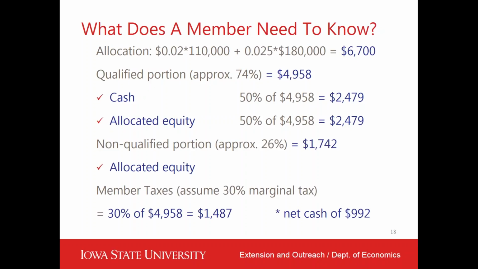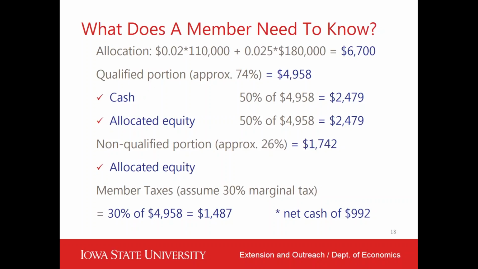Well, so what's the tax on this? If I assume these members are in a 30% marginal tax bracket, they're going to pay 30% of the entire qualified amount, which amounts to about $1,487. So they will receive a check for $2,479, and out of that check, the liability generated from that is $1,487, and that's why you see there I have that net cash of $992. That's their net cash after the tax liability.